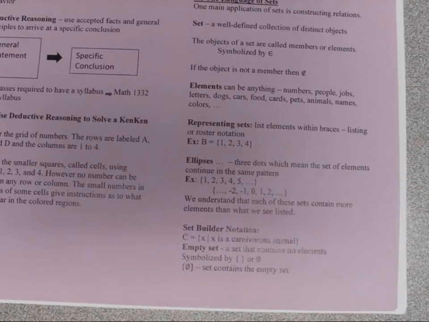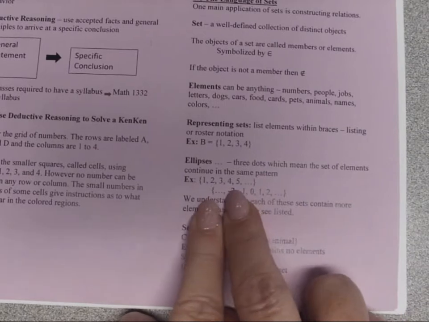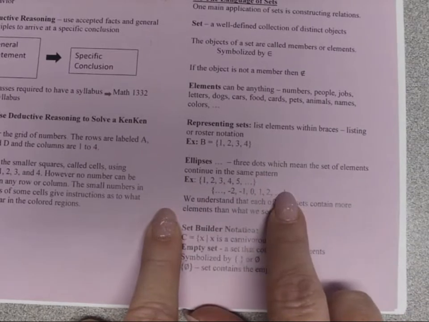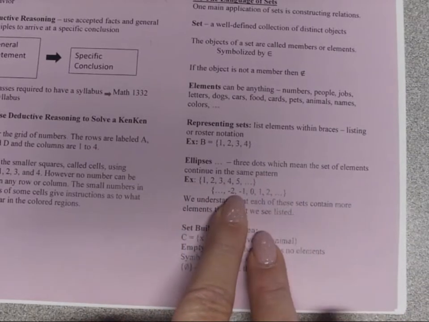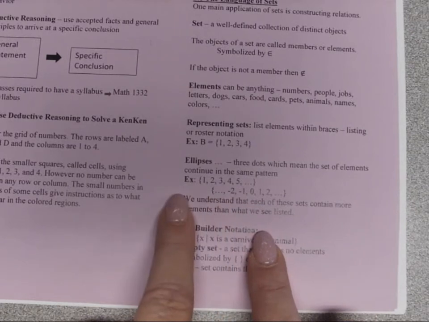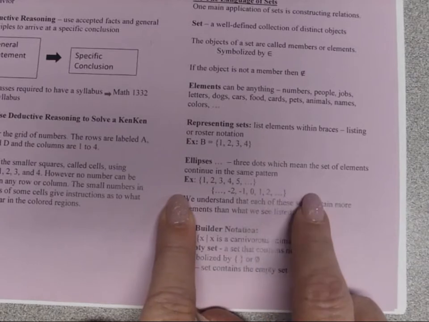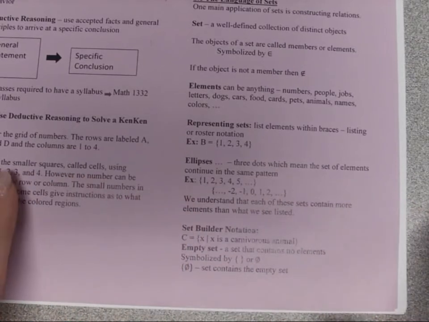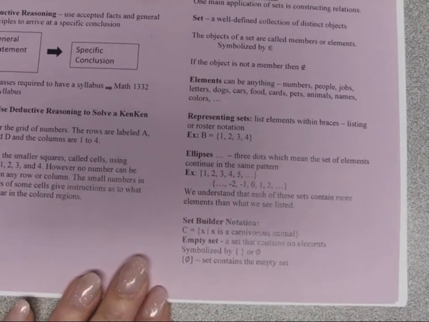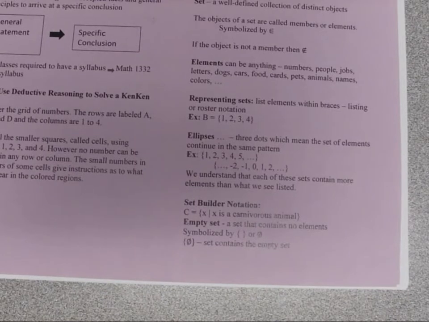We know that continues to be 6, 7, 8, 9, 10, and so forth. If we see them before and after, we know there are numbers before this and after this. So before -2 would be -3, -4, and -5, but after +2 would be 3, 4, 5, and they would both continue going to infinity. So we understand that each of those sets contains more elements than what we see listed.